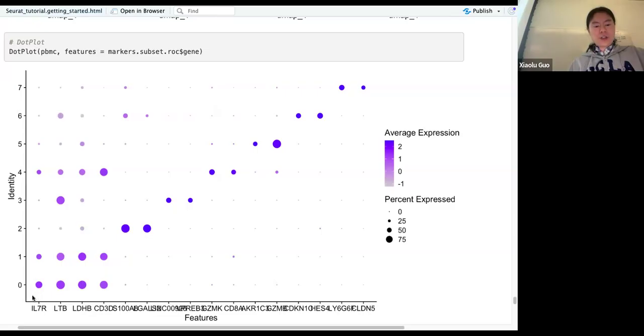So this is the dot plot, and if we identify really good markers, then what pattern would we expect to see?